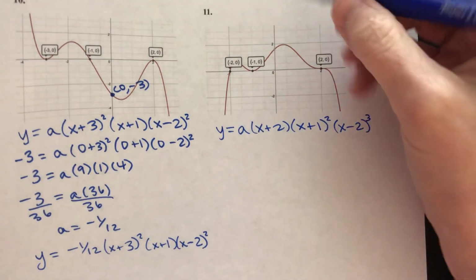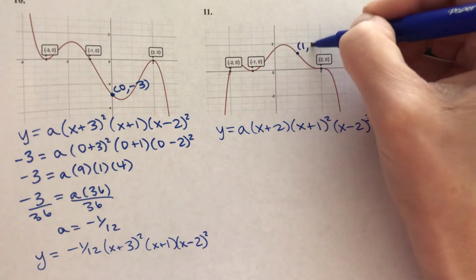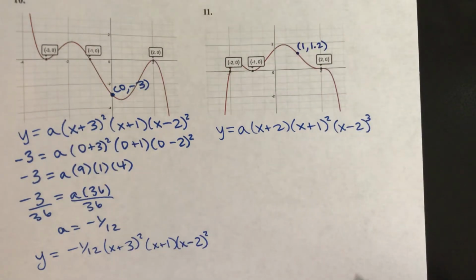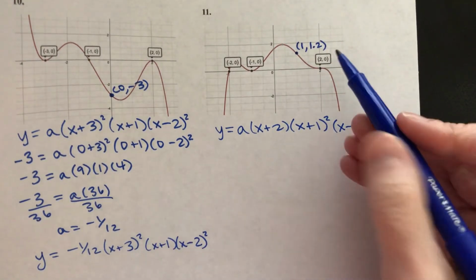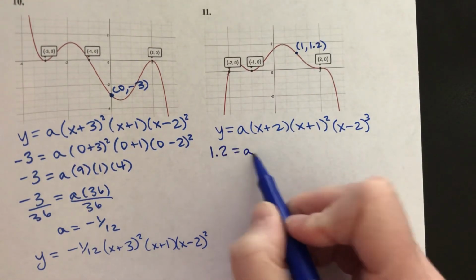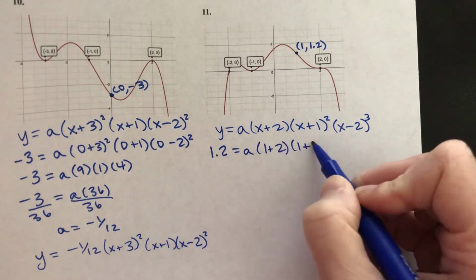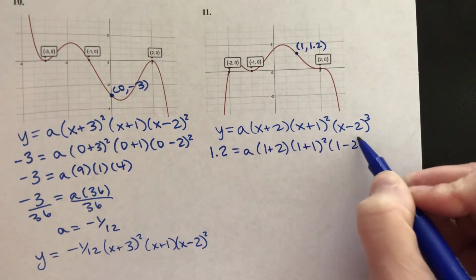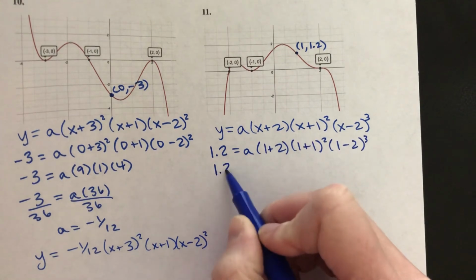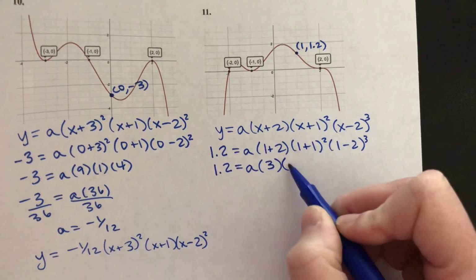And then the point that's not on here, it's kind of hard for you guys to see. This is 1 and 1.2. And so I apologize I didn't have it on there, but we're going to plug that point in to solve for our stretch factor. So 1.2 is y, a, and then we have 1 plus 2, 1 plus 1 squared, and 1 minus 2 cubed. So this will be 1.2 equals a. This will be 3. 2 squared is 4.